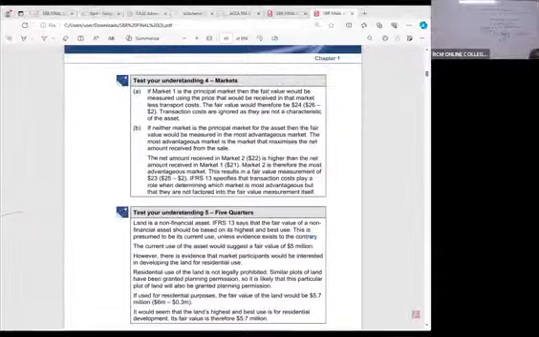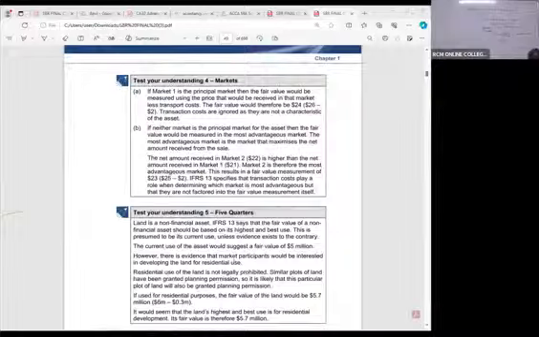Land is a non-financial asset. IFRS 13 says that the fair value of a non-financial asset should be based on its highest and best use. This is presumed to be its current use, unless evidence exists to the contrary. The current use of the asset would suggest a fair value of 5 million. However, there is evidence that market participants would be interested in developing the land for residential use.